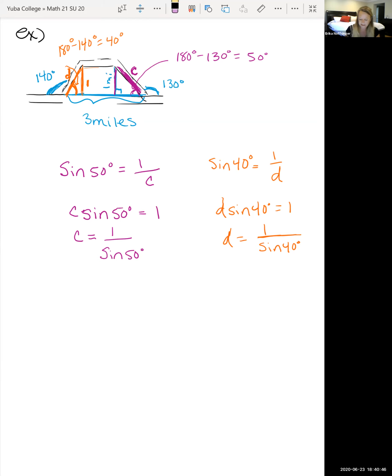So I need one more piece of the puzzle. I need to figure out what this distance is in here for our highway. And so I know that this whole distance in here is given to me to be 3.